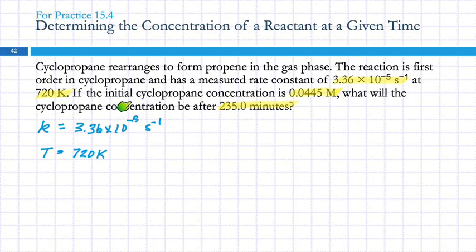Then it says the initial cyclopropane concentration is this much. We probably can't just spit out the chemical formula for cyclopropane off the tops of our heads, and writing out cyclopropane is just too many letters. So let's just call it A, right?